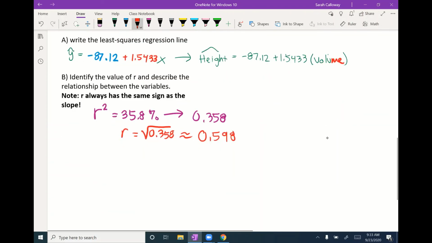If we think about that, that's kind of in the middle between 0 and 1, right? So that would be a moderate. And then to tell whether this R value should be positive or negative, we're looking at the slope. Since the slope was positive, our R value is also positive. So it's a moderate positive linear relationship.